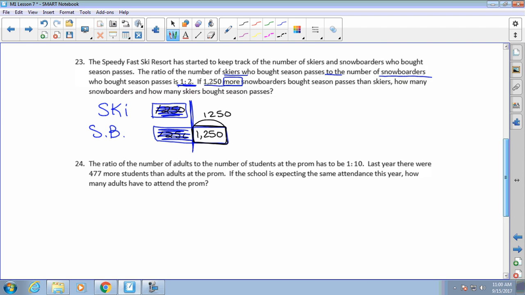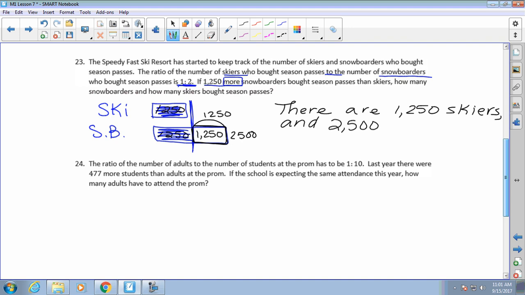So after you do that, you plug those numbers in and you can answer the question, in this case, how many skiers? So we know there's only 1 unit there. There are 1,250 skiers. And when you add 1,250 plus another 1,250, you get 2,500.